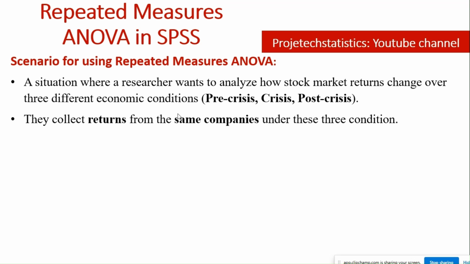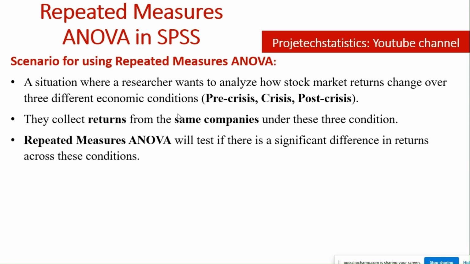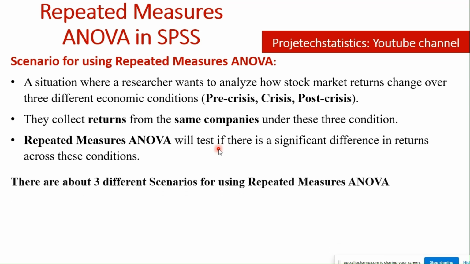They collect returns from the same companies under these three conditions. Please be aware that this is a situation where you collect responses from the same companies under three different conditions. Repeated measures ANOVA will test if there is a significant difference in returns across these three conditions.